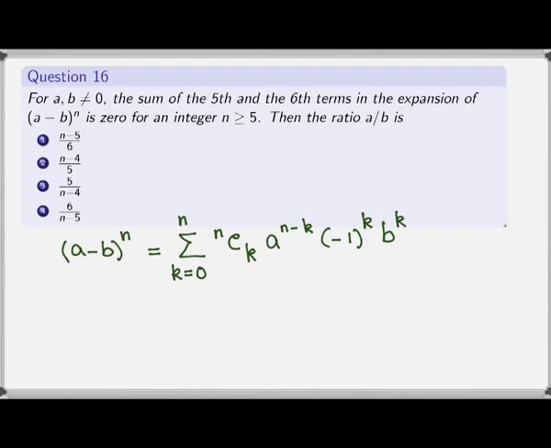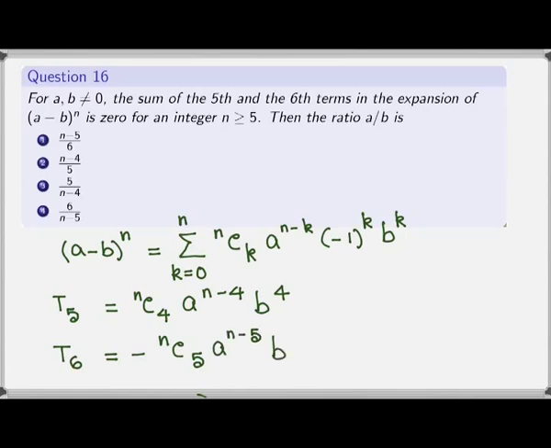Let us denote the fifth term by T5 and the sixth term by T6. We write down from this expansion what is T5 and what is T6. So T5 is nC4 a to the power n minus 4 into b to the power 4, and T6 is minus nC5 a to the power n minus 5 into b to the power 5. We are given that T5 plus T6 is equal to 0.